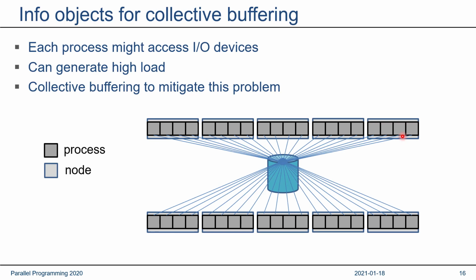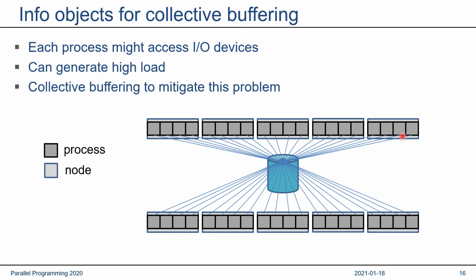Another issue with I/O is buffering. So in standard I/O, each process might access different I/O devices, and this can generate high load. Now, usually the operating system facilities provide buffering in the main memory of the process that reads and writes files, so that's usually a good thing.